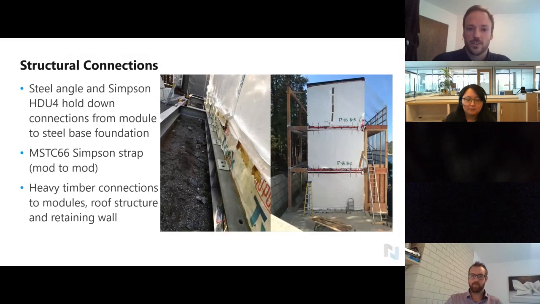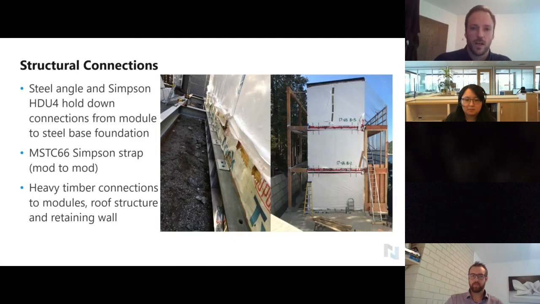So the structural connections, as referenced, we use quite a bit of Simpson straps for the mod-to-mod connections, as well as the connections from the roof to the heavy timber and the balconies. The structural connections from the steel base to the bottom mod was a steel angle that we put in, as well as Simpson HDU4s at specific locations.